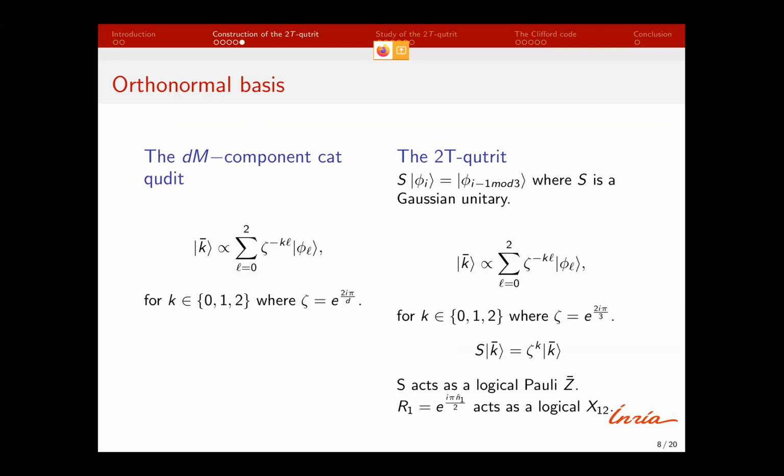So the states that I've been talking about so far are not orthogonal, except in the limit where the amplitude parameter alpha grows.